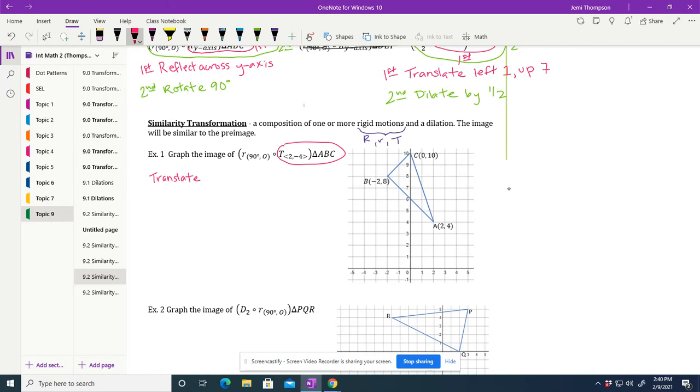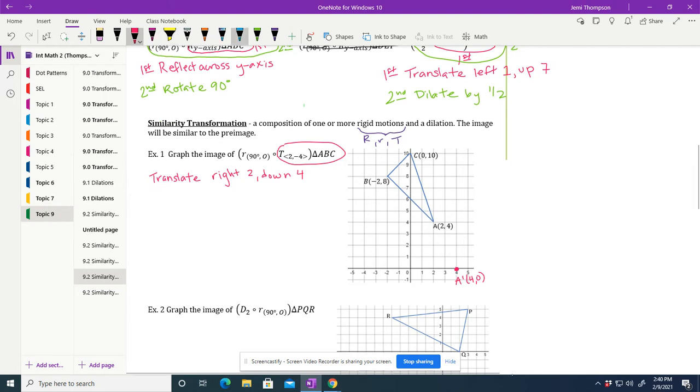So if I do this visually, follow my cursor down here to A. If I translate this, this is 2 to the right and down 4, right? So I go right 2, down 1, 2, 3, 4. And I get this new point here, which we can call A prime. Visually is easy, you just count the squares.